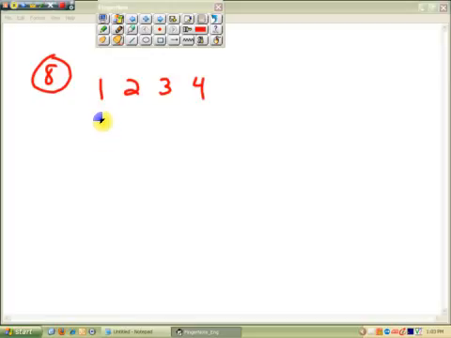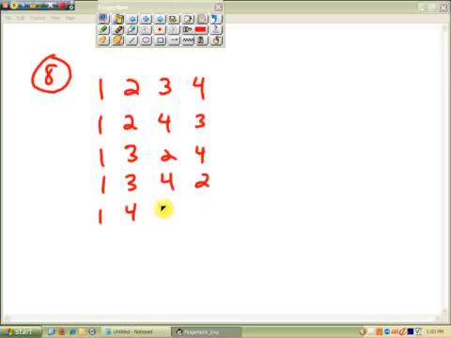So the first person, second person, fourth person, then third person. Or first person, third person, second person, fourth person. Or first person, third person, fourth person, second person. Or first person, fourth person, second person, third person, first person, fourth person, third person, second person.